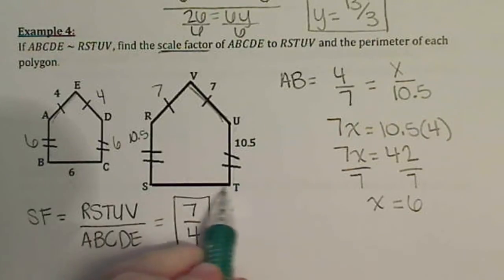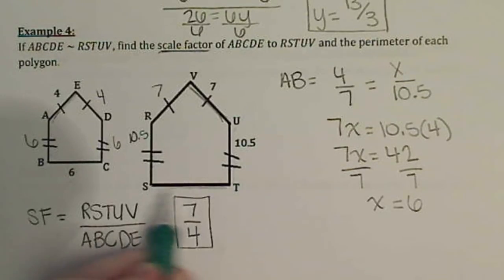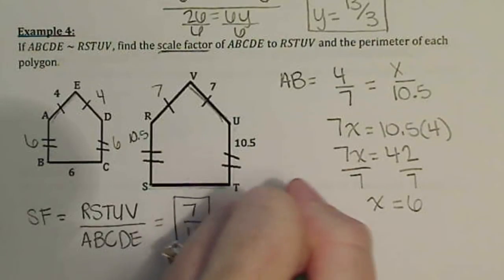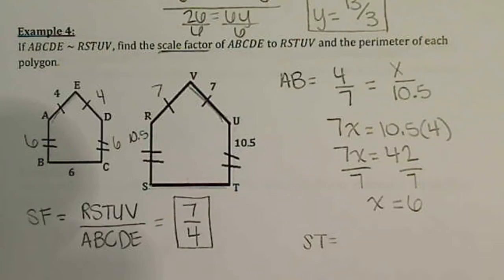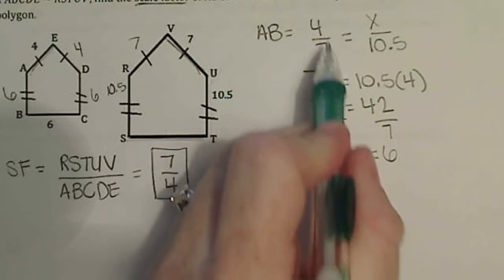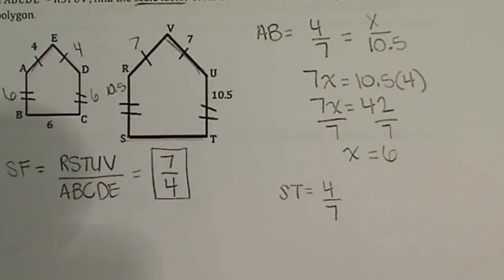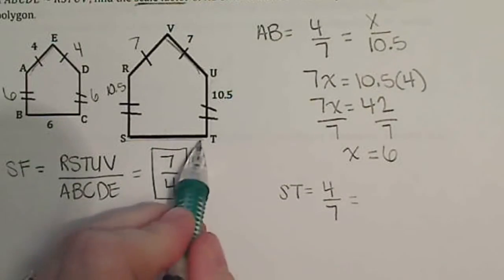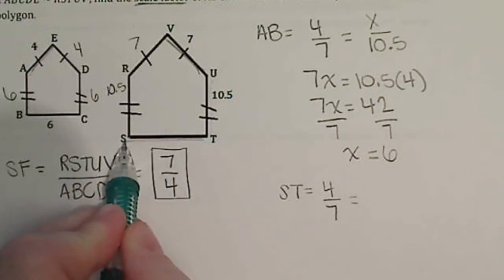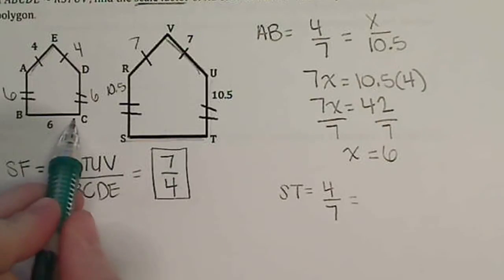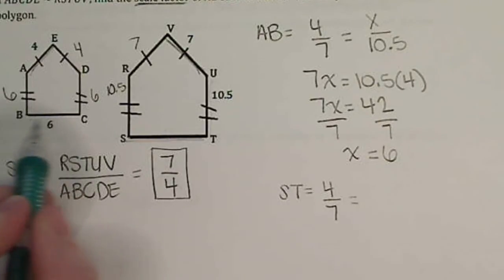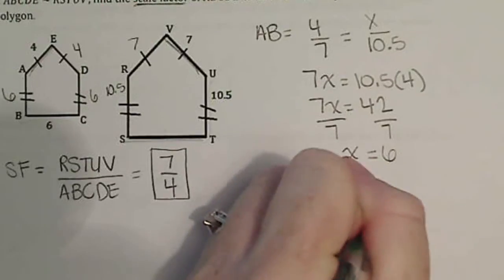Okay, we need to find ST to find the perimeter of this bigger pentagon. So let's do another proportion. I'm going to start the same way, 4 over 7. Okay, I am going to find this bottom side. So on my smaller pentagon, it's 6. So I'm going to have 6 on top.